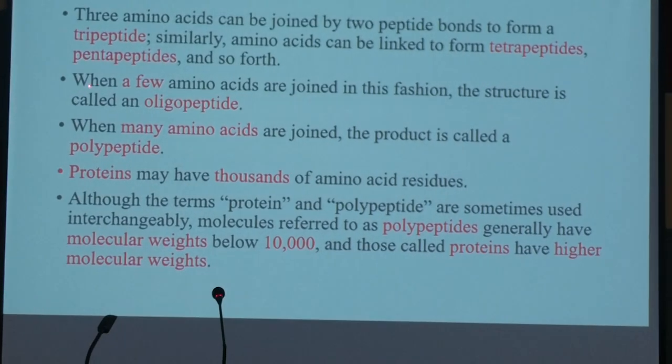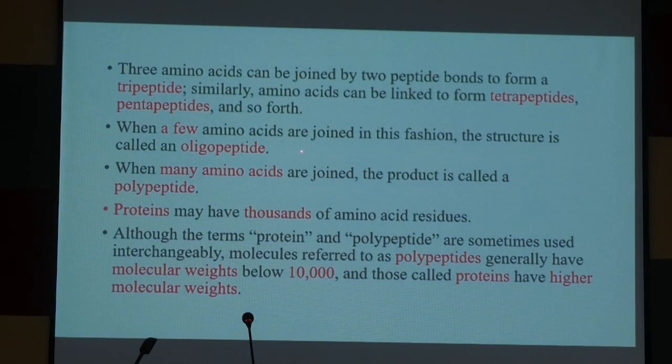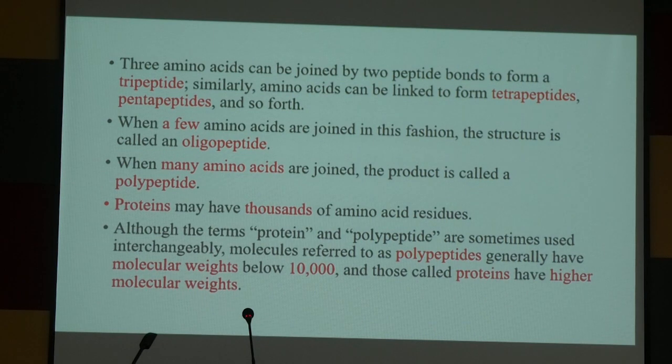So first, 2 amino acids are connected by a peptide bond. Then there are oligopeptides, generally a few amino acids, about 9 to 10. And after 10 amino acids, if a polypeptide chain contains more, it is called polypeptide.